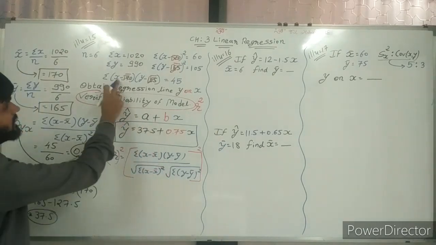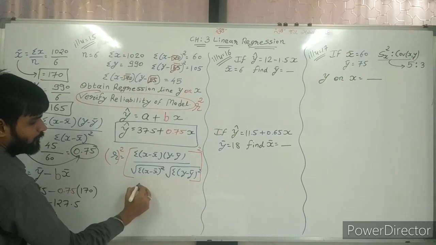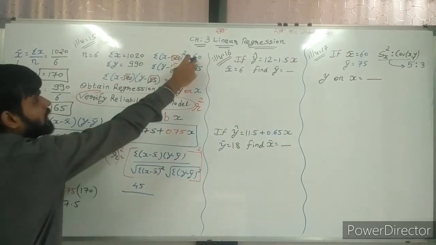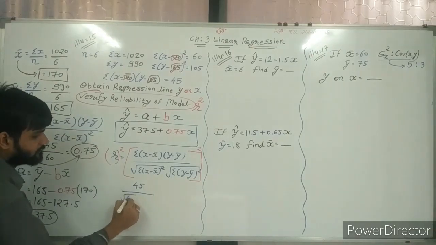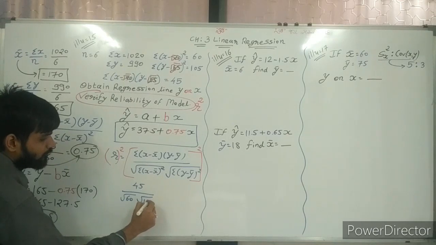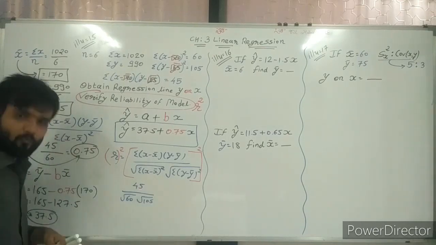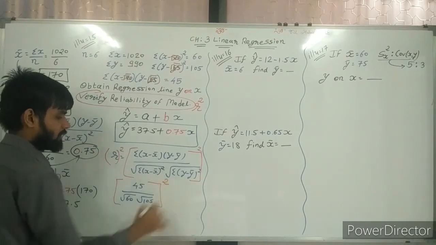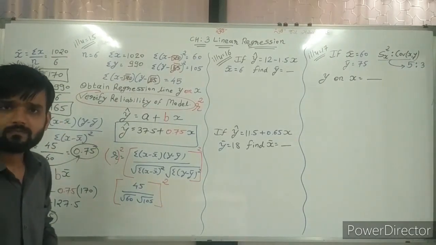Now find. We know sigma x minus x bar, y minus y bar is 45. Under root sigma x minus x bar square, so under root 60. Under root 105. And we need to find the square of this.